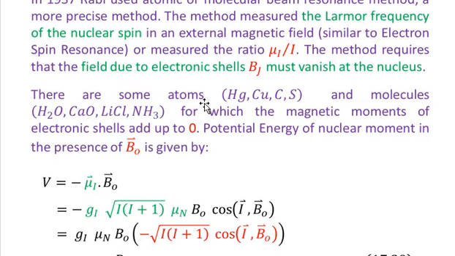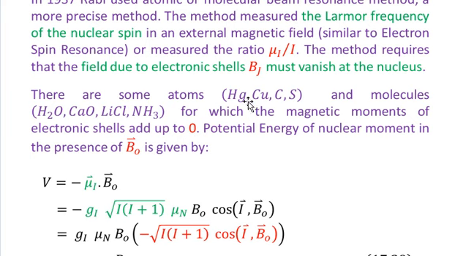There are some atoms, for example, mercury, copper, carbon, sulfur, and molecules, for example, H2O, CaO, lithium chloride, NH3, for which the magnetic moments of the electronic shells add up to zero.